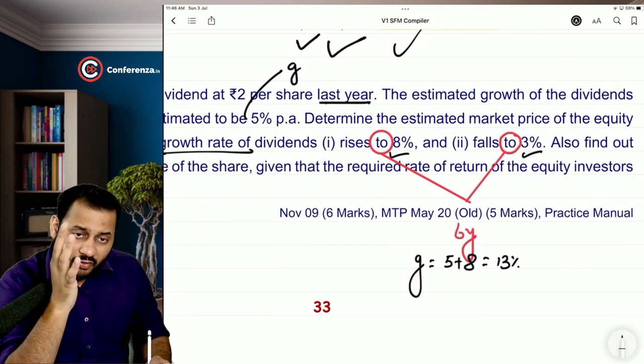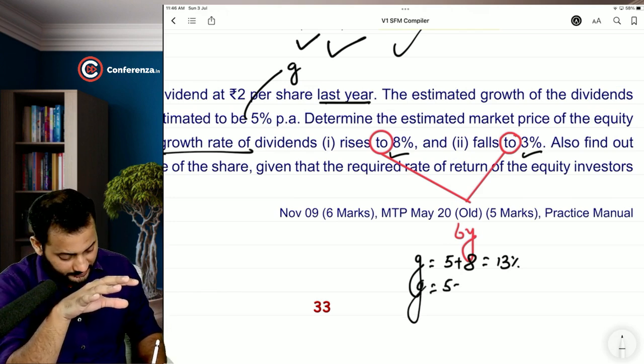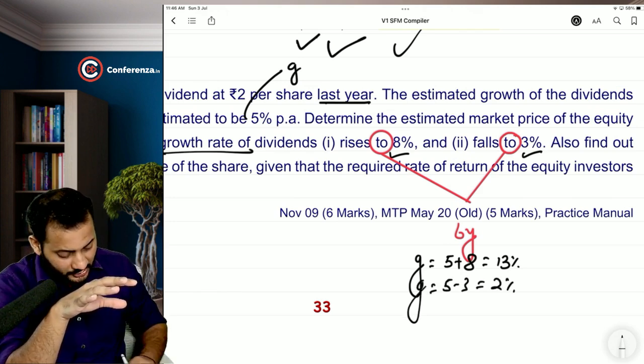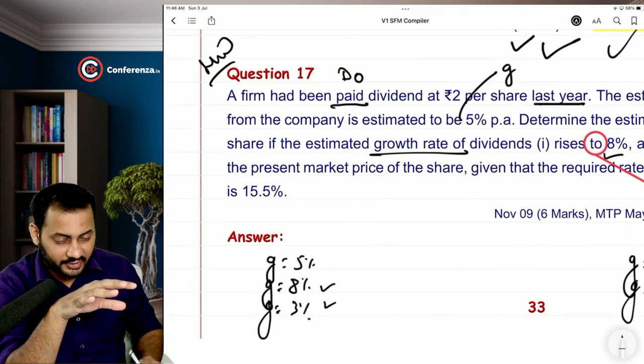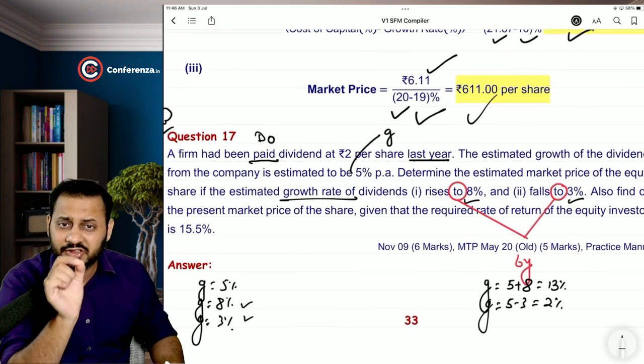It is falling by 3%: 5 minus 3 as 2%. So instead of using 8 and 3, you will be using 13 and 2% if they change this one word.